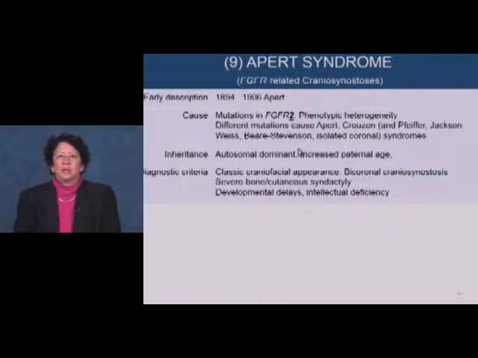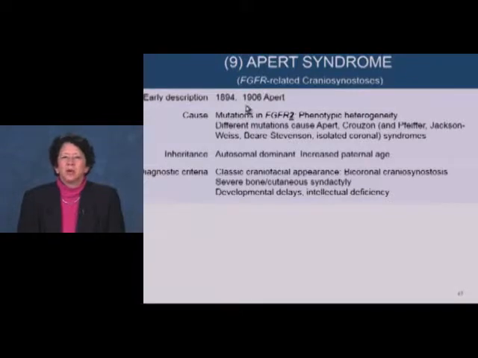So the next syndrome is Apert syndrome. And Apert is a memorable syndrome, but I'm also presenting it because it represents the FGFR-related craniosynostoses. It was described by a Frenchman, Apert, and it refers to mutations in FGFR2.